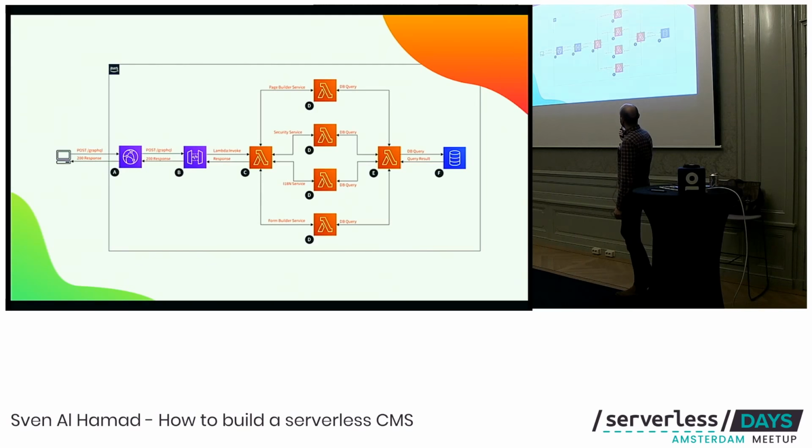Each of these services exposes different mutations and different queries to the client, okay? But some of these queries, for example, might be interconnected. For example, a page might reference a user as a data type. But the user data type is exposed by the security service, okay?